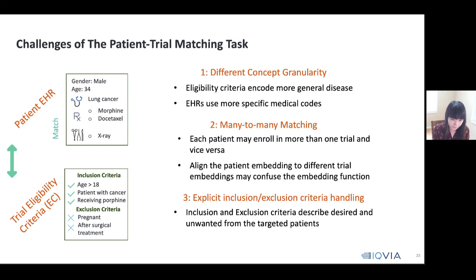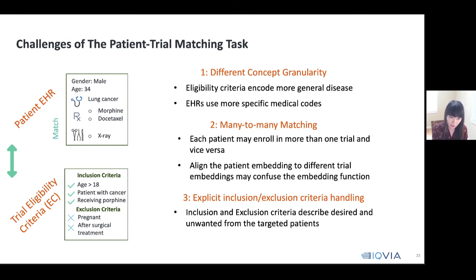However, all existing works align the patient embedding to different trial embeddings, which may confuse the embedding function and lead to inferior matching results. And the third challenge is how to handle inclusion-exclusion criterion. The trial criterion comprise inclusion and exclusion criterion.